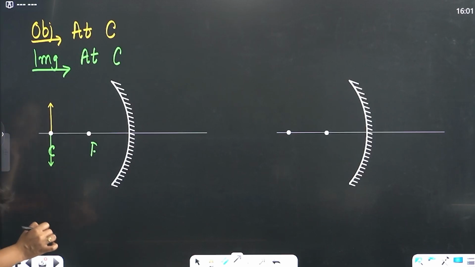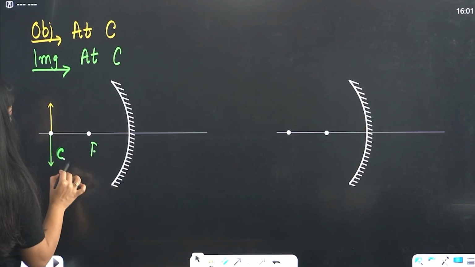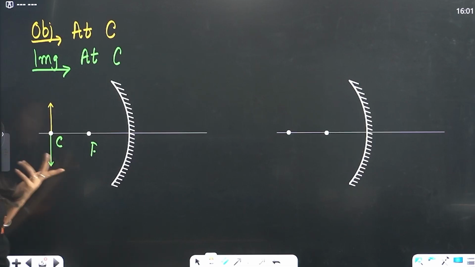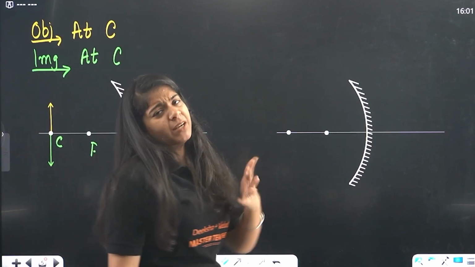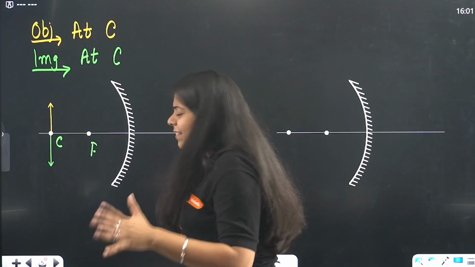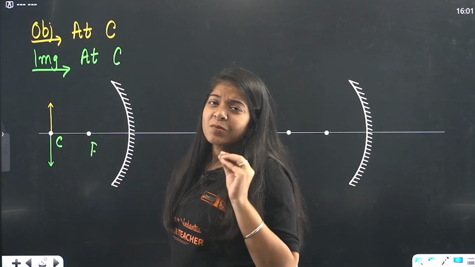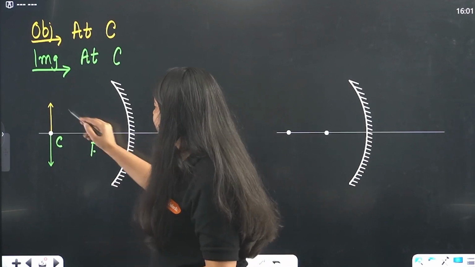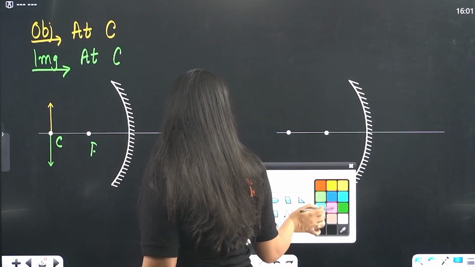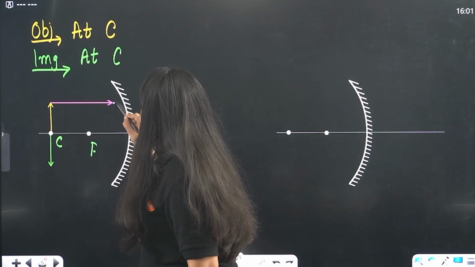At the center of curvature, the size of the image is also the same. Almost the same, that you can make with a scale, right? Now ma'am, what do I have to do? Now beta, let's see if we make it with a scale, are we able to do it? Okay, so I'll try making incident rays.